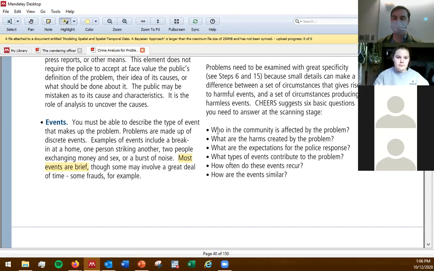What are the harms? With a DUI, you could get into an accident or cause damage to property, or you could kill somebody, hitting them with your car or causing an accident and having someone die that way. Or there are injuries as well if they don't die. Injuries, death, property damage.